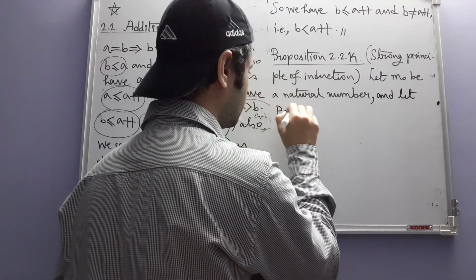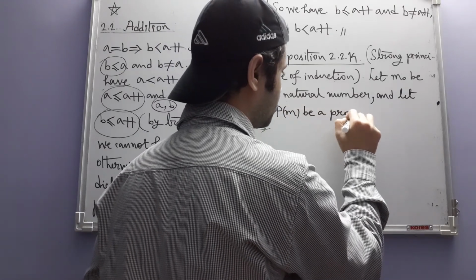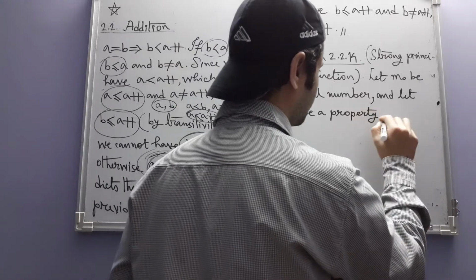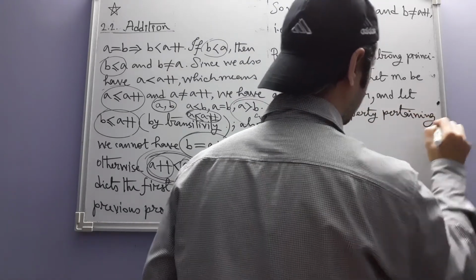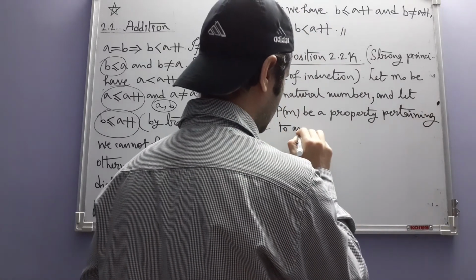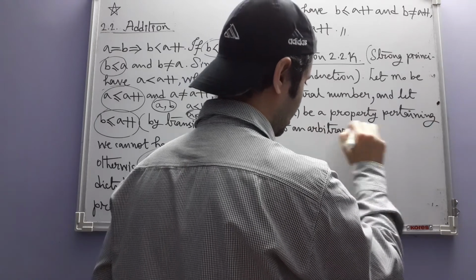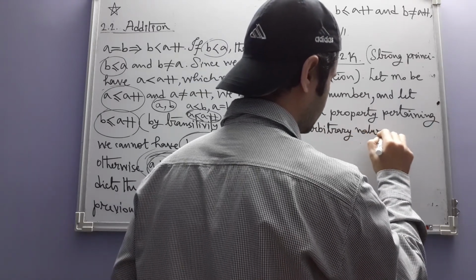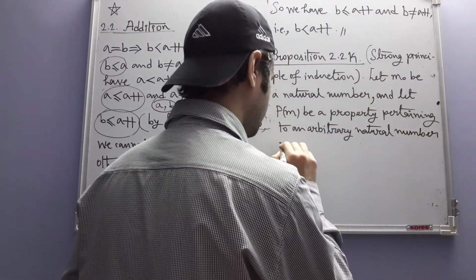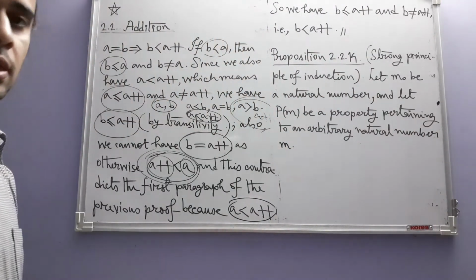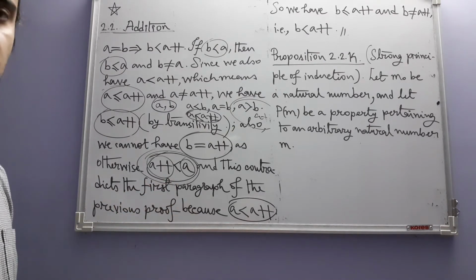P(m) be a property pertaining to an arbitrary natural number m. Okay, so m naught is some natural number and P(m) is a property pertaining to an arbitrary natural number m.